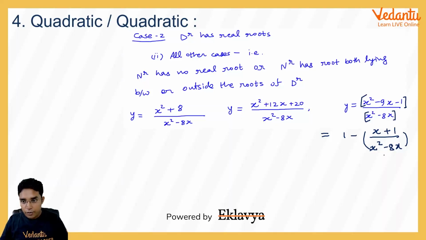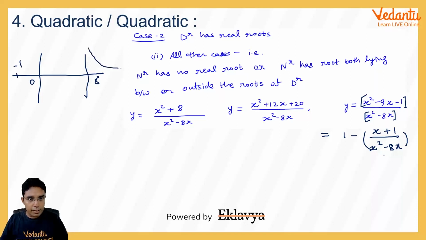Okay, so if I draw the graph of this x plus 1 upon this thing only, it will be two asymptote lines at 0 and 8, and one root is minus 1. Okay, so this will be going like this, then like this, and then like this. There will be minima and then approaching towards 0.